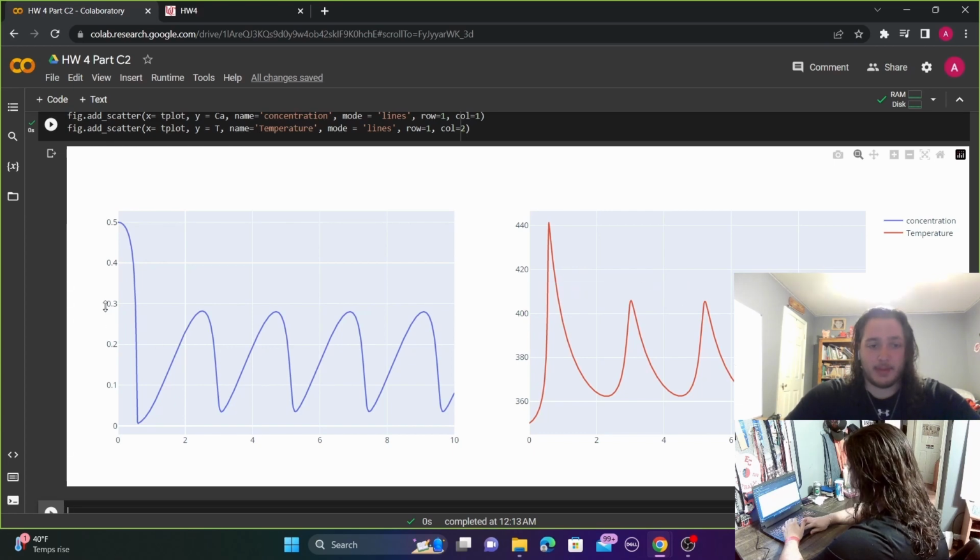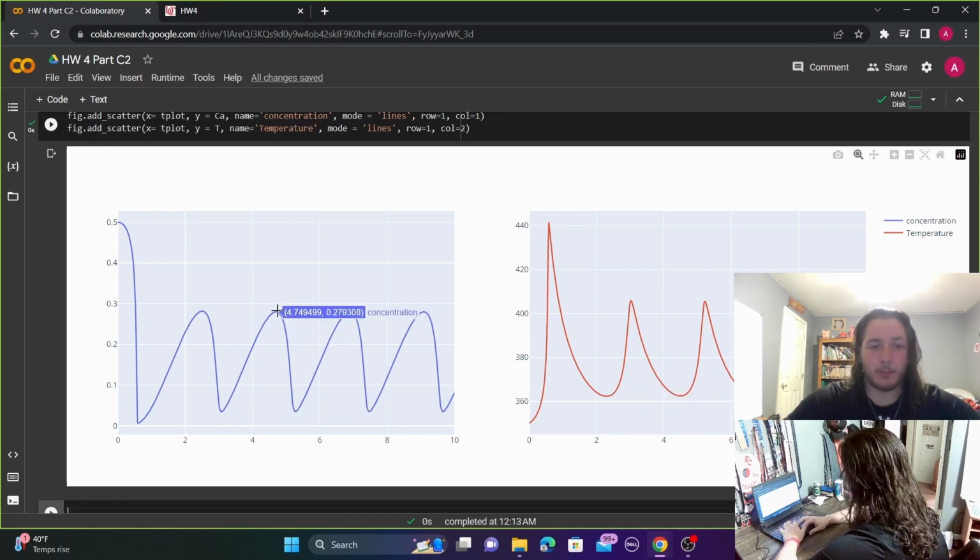But as that is happening, we notice that the temperature is rapidly increasing, and we also notice that there are peaks around 2.5, and right here it's around 2.4. And going to the next one, around 4.7, it's around 4.6, 4.7.